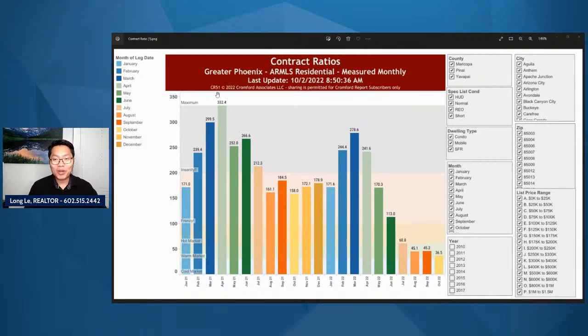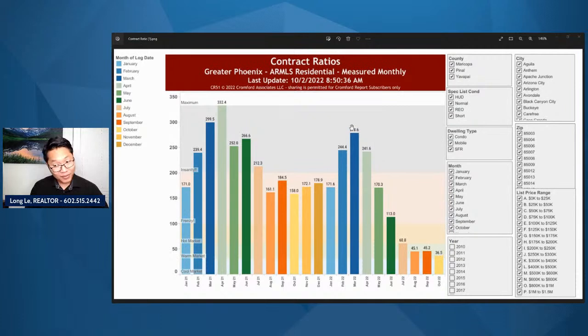So it went really high, to around 332 in around April 2021. That means there were 300 houses under contract and only about 100 houses available to purchase, almost triple. Now, as of October 2022, the number is only around 36.5, which I already explained for you.